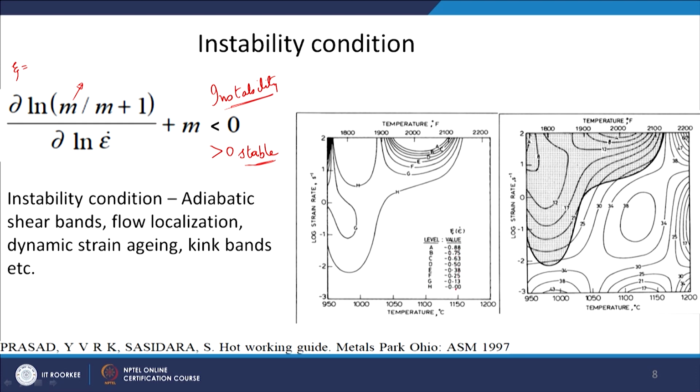H is 0 basically, G is minus 0.13. So, this is my G contour, and this is minus 0.13.